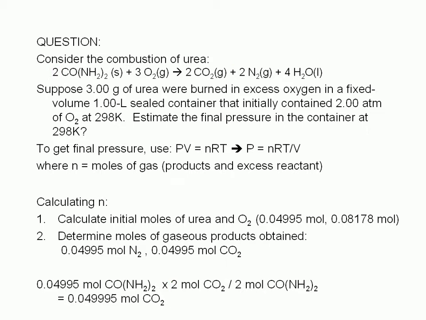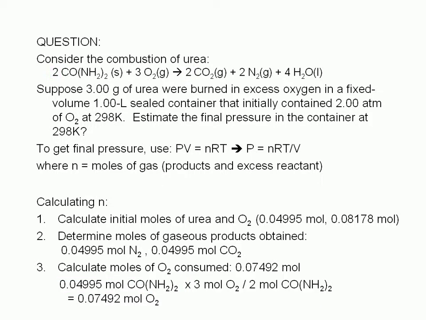Similarly, complete consumption of 0.04995 moles of urea will yield 0.04995 moles of carbon dioxide. To get this, we multiply moles of urea by the mole-to-mole ratio of CO2 to urea. The balanced equation tells us that 2 moles of CO2 are produced for every 2 moles of urea consumed.